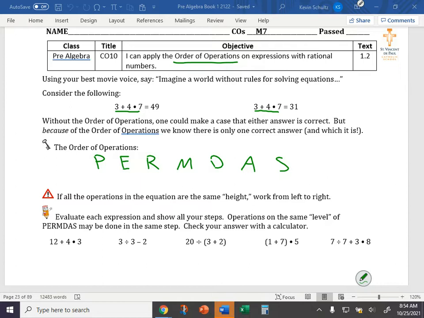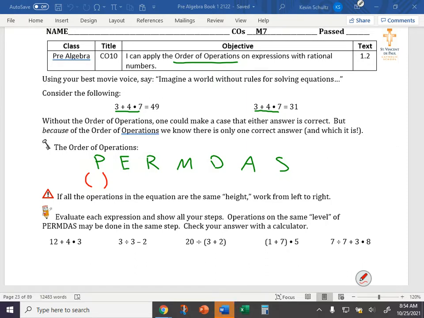Blake started naming some operations here, and he started with parentheses. Parentheses isn't actually an operation, but it does come first. It's a grouping symbol. Parentheses is what allows us to change the order of operations if we want to. So it's not an operation itself, but it's certainly an important part of it.